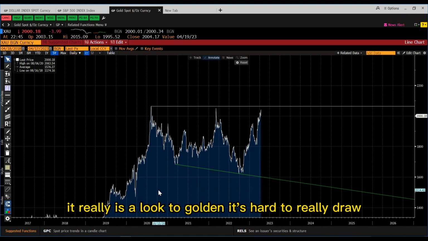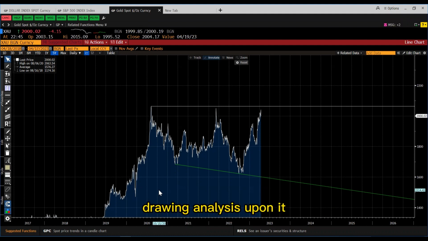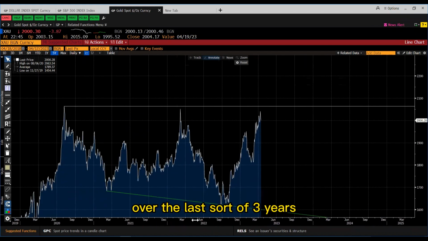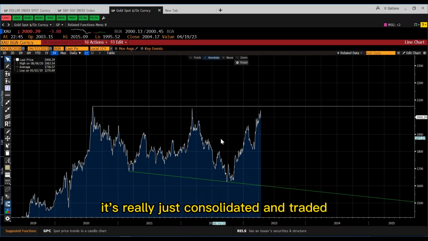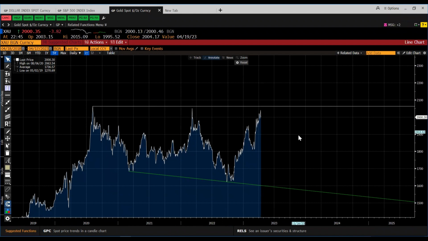I've looked at gold, and it's hard to really draw an analysis upon it. It's tricky to work out what the broad theme is over the last 3 years. It's really just consolidated and traded quite choppily.